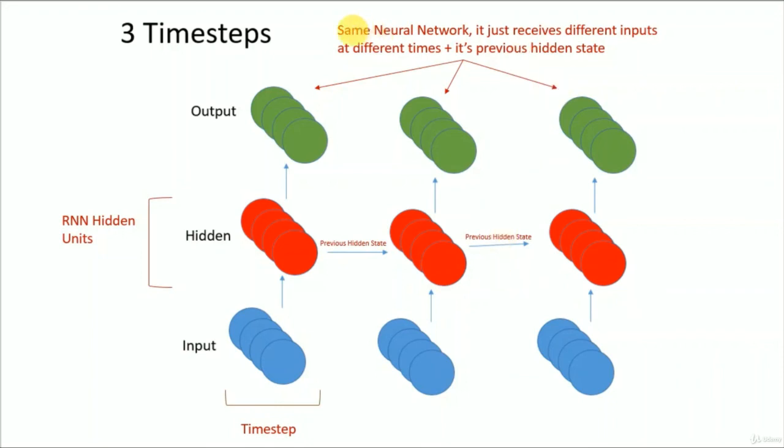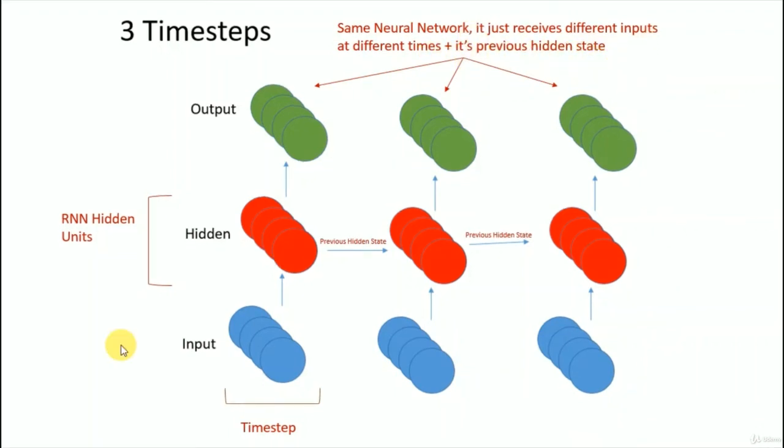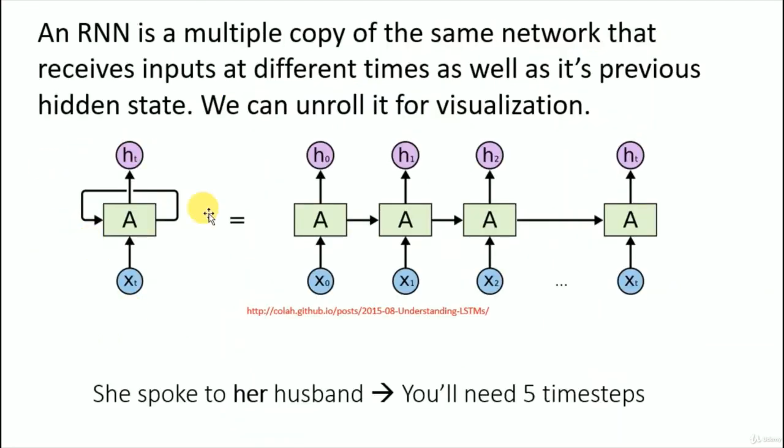So this whole thing is the same neural network; it just receives different inputs at different times, plus its previous hidden state. Another way to think about it is as a neural network that passes the hidden state information back to itself, which is what's represented here.